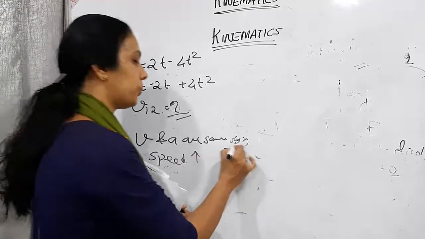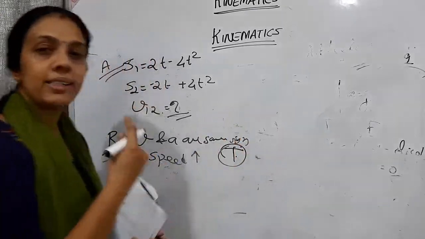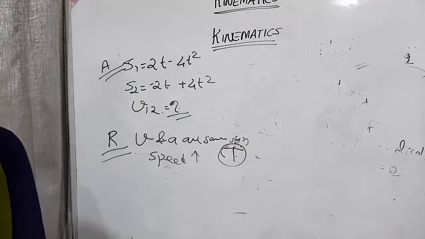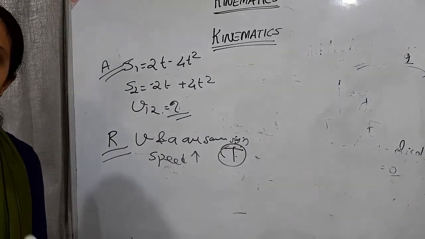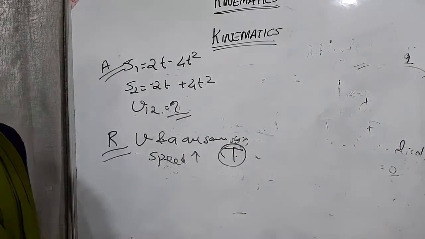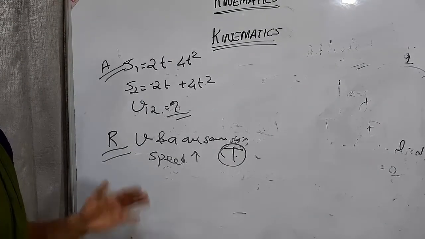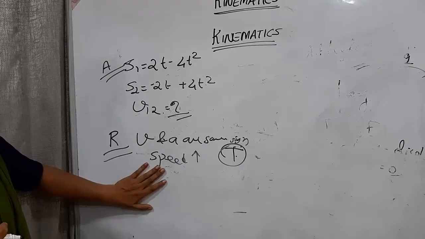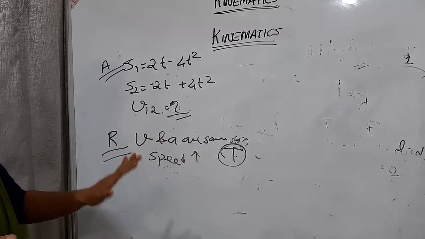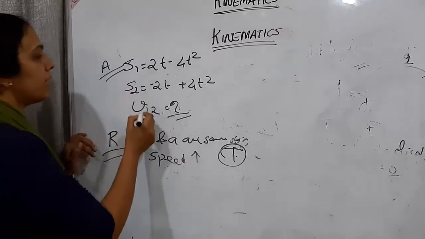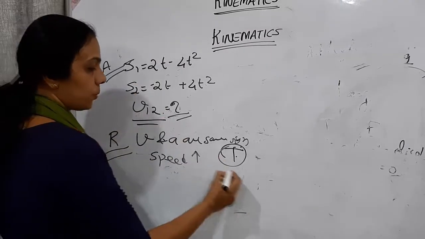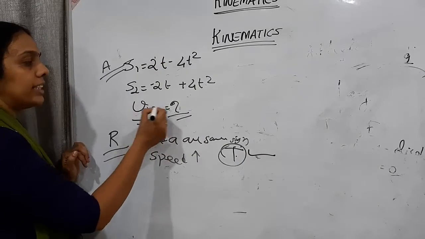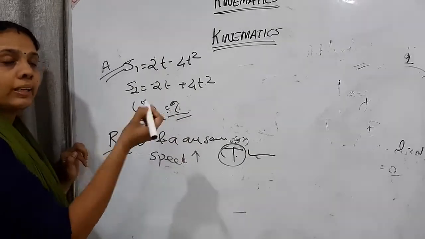It is true. Speed is increasing only, both are of the same sign. It's not retardation. So this is true, reason is true. Now we need to find out whether the relative velocity is going on increasing or not.